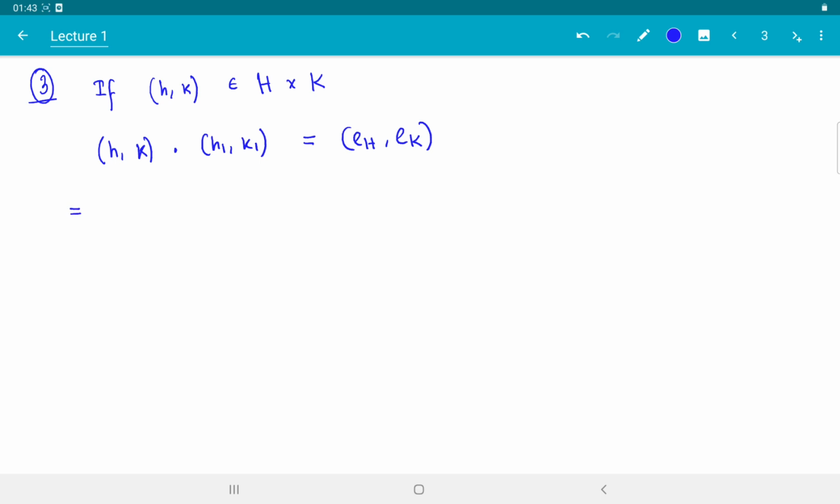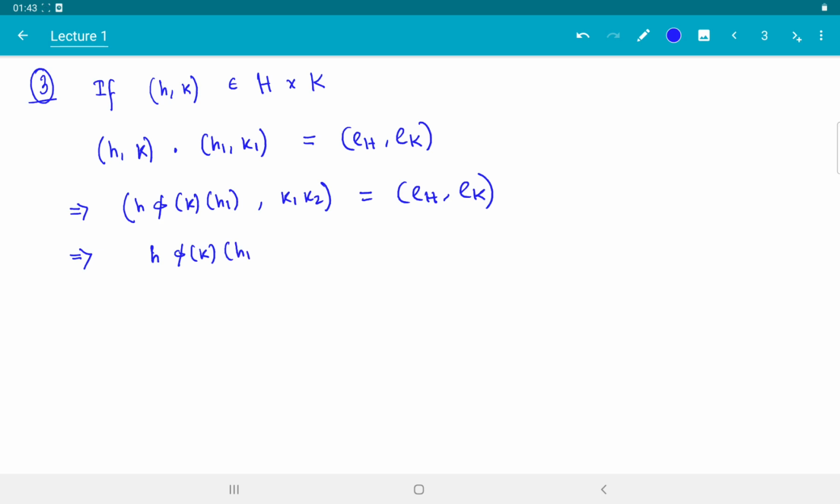According to the definition, h phi_k(h1), k k1 equals (eH, eK). It follows that h phi_k(h1) equals eH and k k1 equals eK.